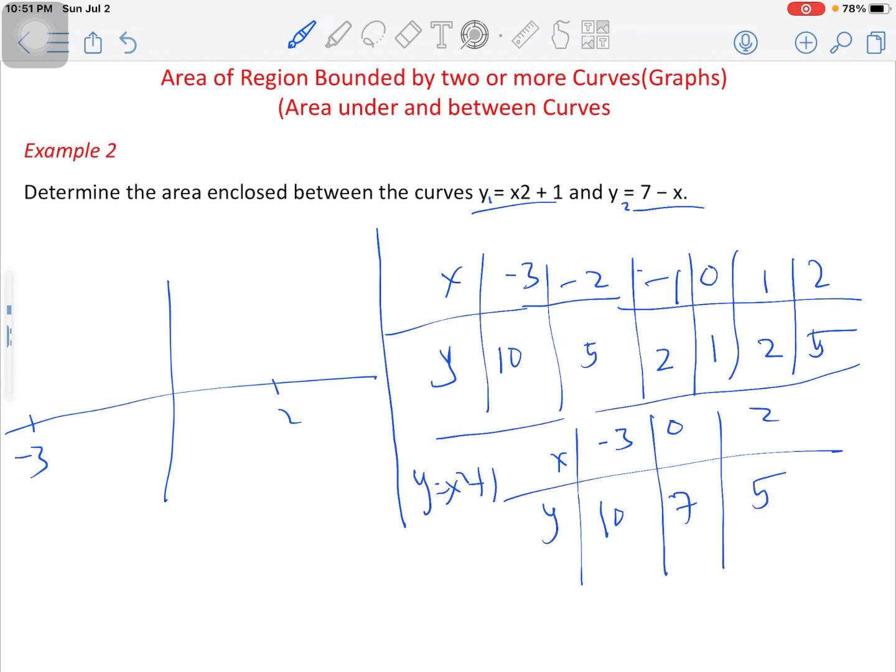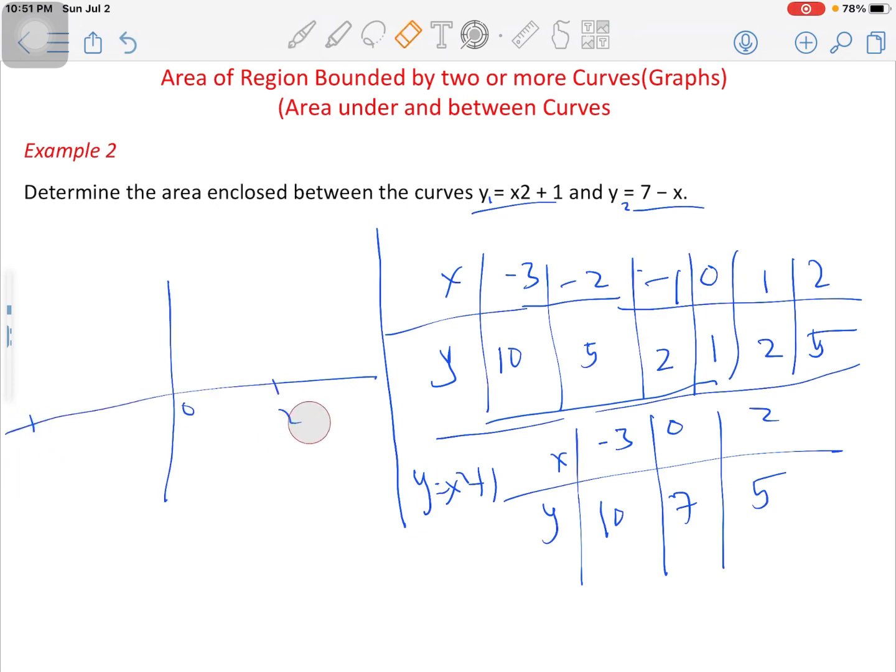So the first approach that we did, you can pick a value between negative 3 and 0, or because it's just two functions, what you can do is plot it with these points given when we substituted back.